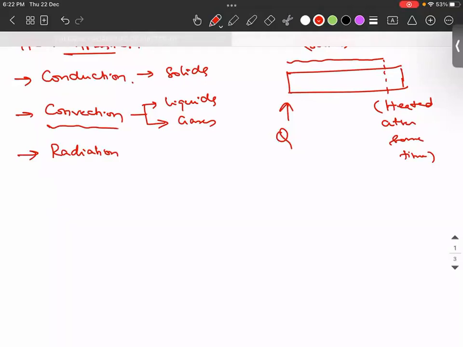Then what is radiation? Transfer of heat.